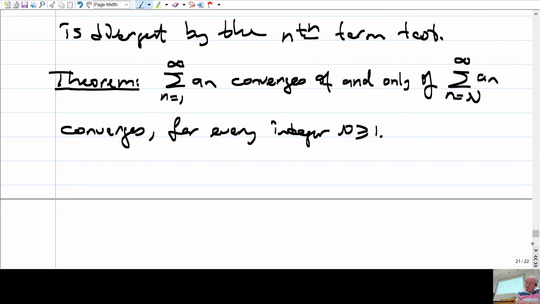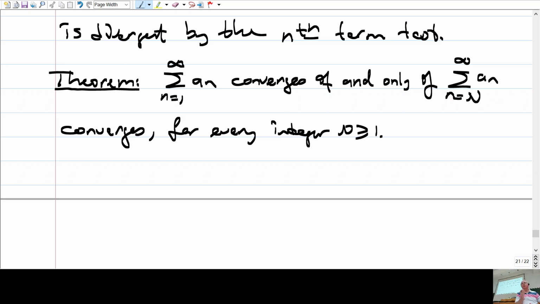Why is that? What is the difference between these two series? Well, here this is the sum of all the terms starting from 1: a1, a2, and so on. And this is starting from the Nth term. The difference between them is the first N minus 1 terms, right?